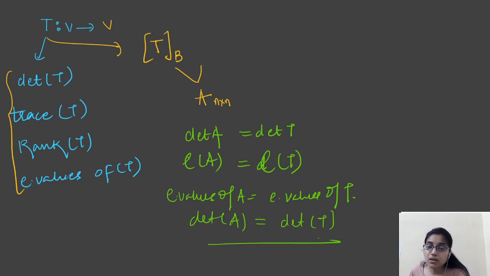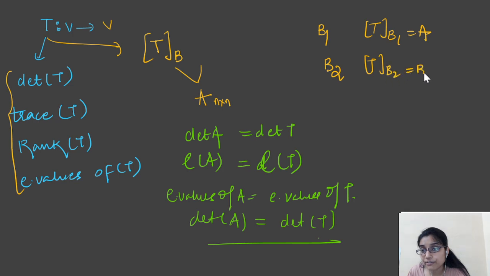But in our last class and in this class also, I told you one thing. Suppose we have a basis B1, then this is going to be a different matrix. Suppose we have a basis B2, then we are going to have a different matrix.